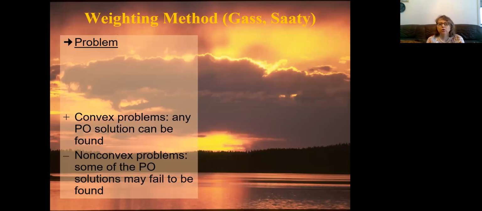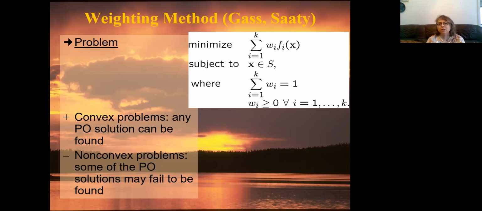The weighting method is one of the most widely used multi-objective optimization methods, and this method has been invented numerous times by different people. So the idea is that you create this kind of a scalarized function. You give a weighting coefficient for each of the objectives and you optimize the weighted sum.